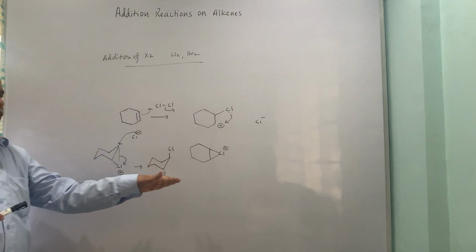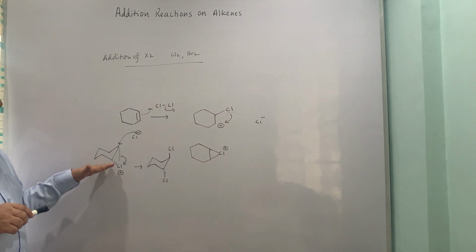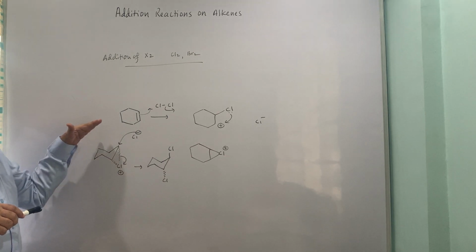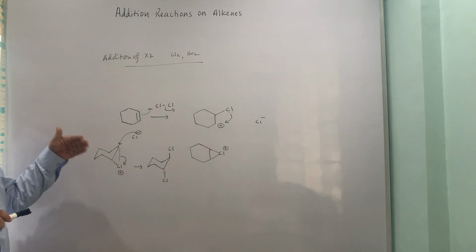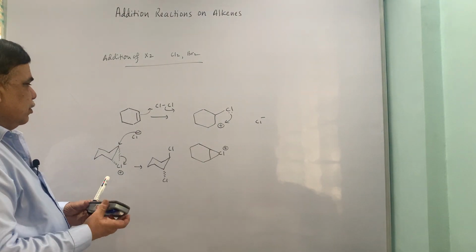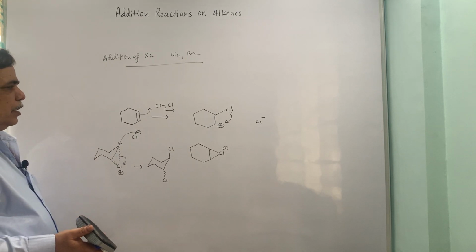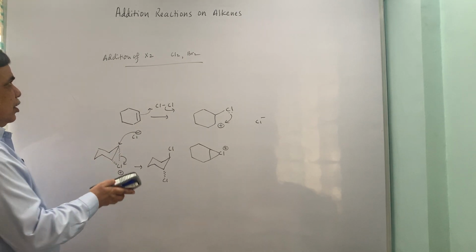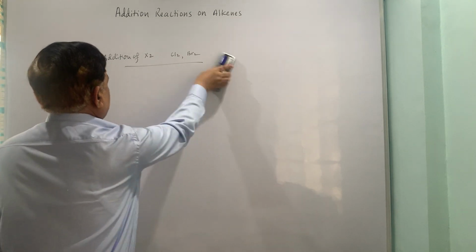So, this addition always takes place in trans fashion, because if the halonium ion bridge is beta, the attack of nucleophile will occur from the lower side and so on. So, that is the selectivity of the attack of nucleophile depending upon the halonium ion bridge. So, for bromine also the similar pattern is there.